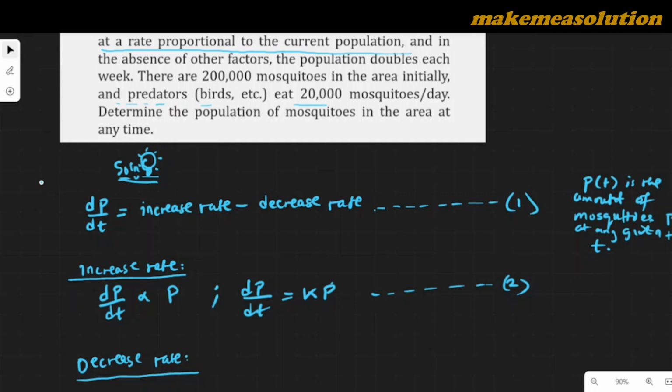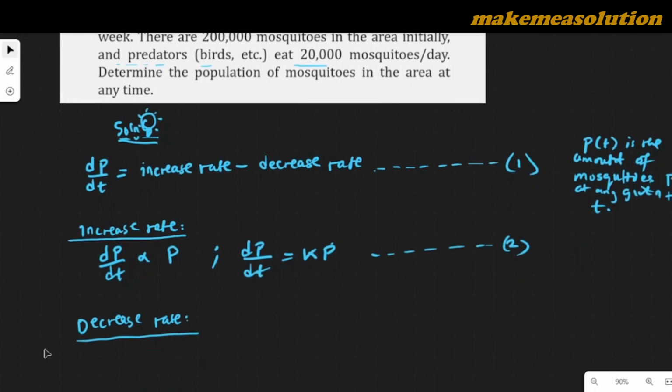Now take note, decrease rate is mosquitoes per unit time. Is that okay? The rate of reduction in mosquitoes per unit time is already given to us as a constant factor that every day 20,000 mosquitoes go away. So the decrease rate now is just equivalent to 20,000 mosquitoes per day.